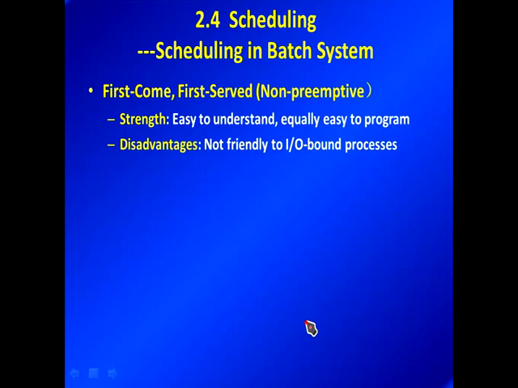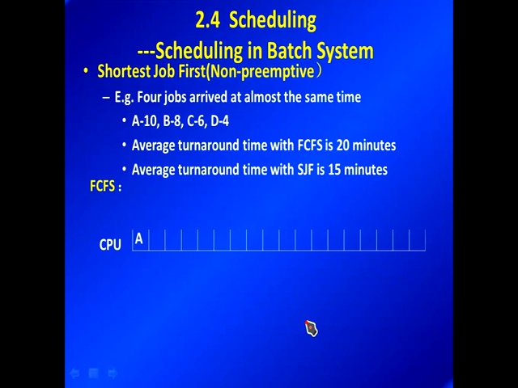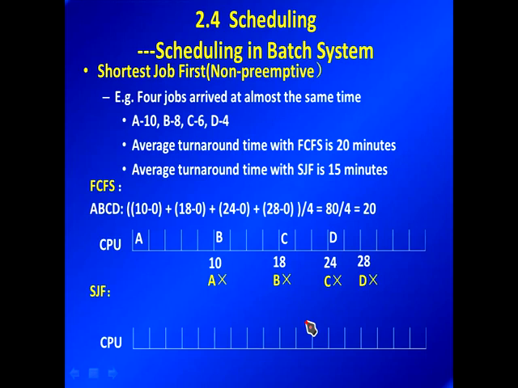But today we don't have time to illustrate how to apply them. In the next class, we're going to show you how to apply these non-preemptive algorithms. So in the next class, I hope you can focus on this part, because we are going to have similar questions in the quiz. Okay, so this is the part for the next class.